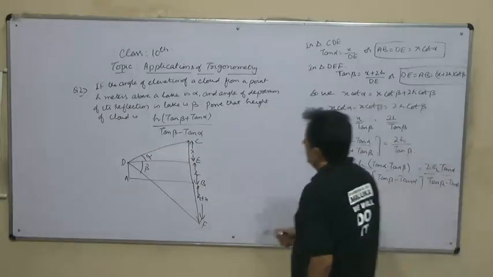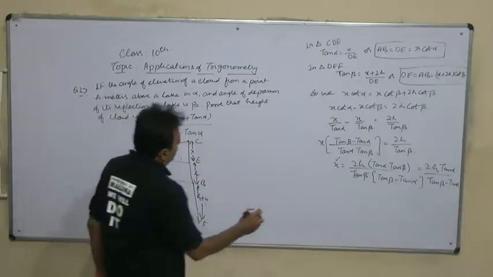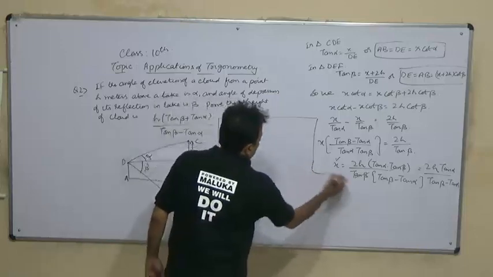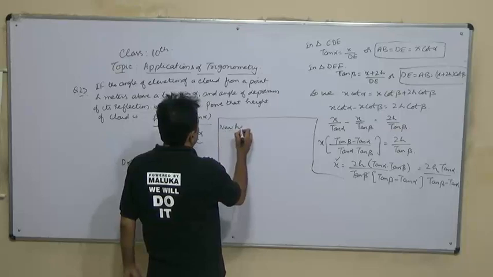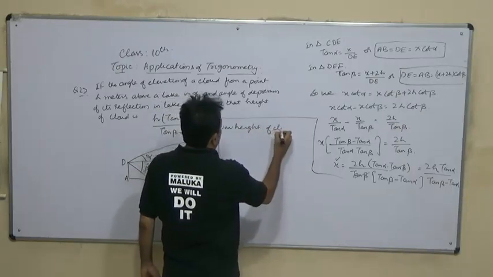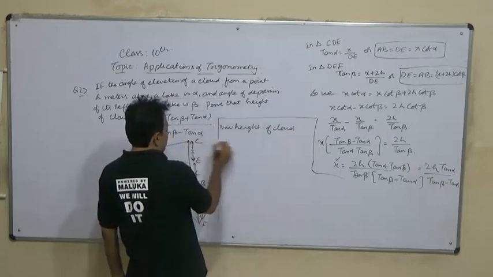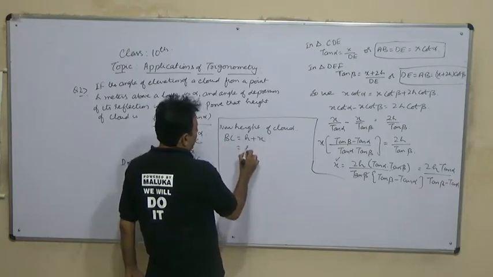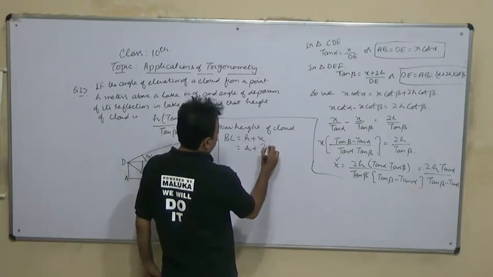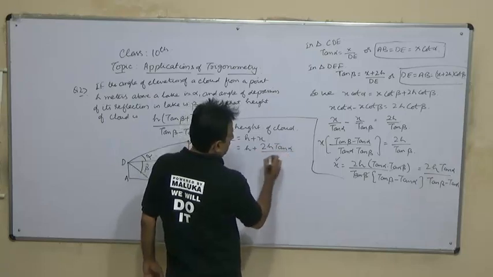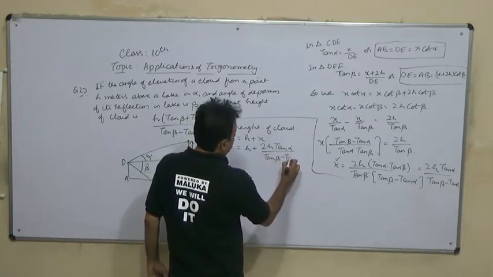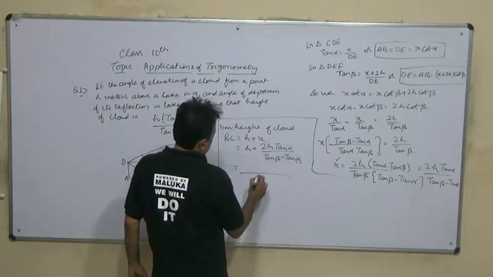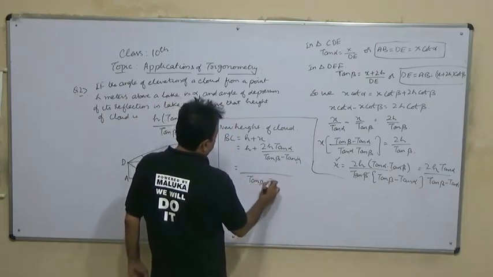So we have found x from here. Now you want to find the height of the cloud, that is equal to BC. Height of cloud is given by BC is equal to h plus x. H plus value of x, which is 2h tangent alpha upon tangent beta minus tangent alpha. Take LCM as tangent beta minus tangent alpha.